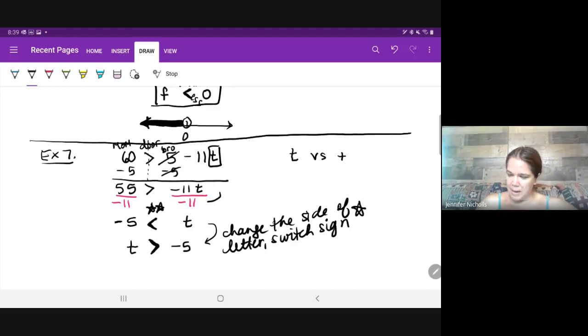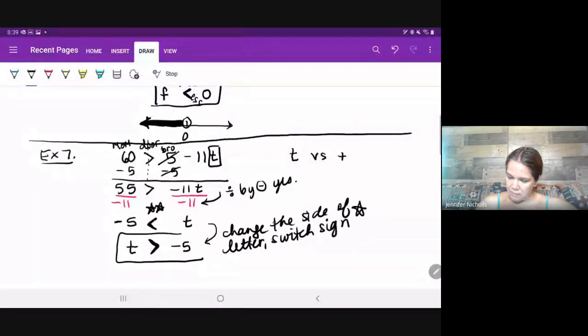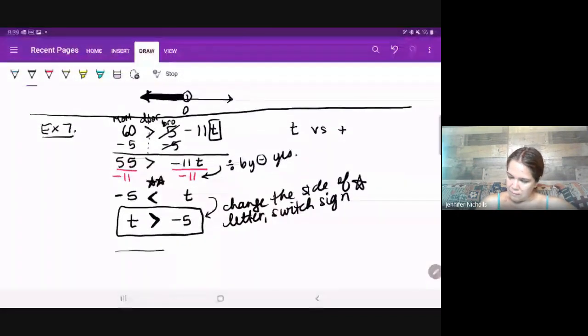This was dividing by a negative, right? Switch the sign. This was divided by a negative. Yes. So I switched. But then I had to switch back because I changed the side of the letter. And whatever letter it is, you do it the same way. Now it's a test. So a test means nothing. So that means it's greater than, it's not less than.